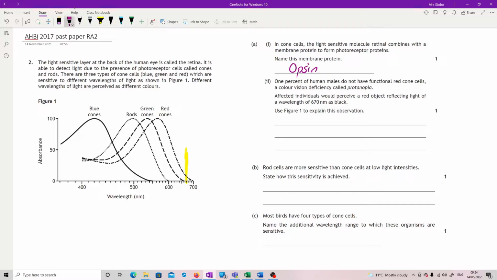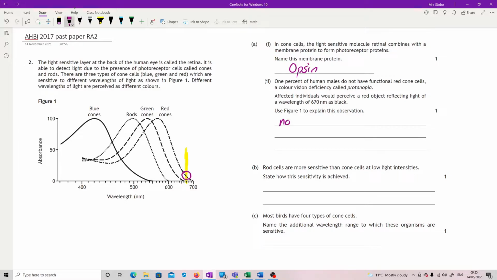So what you've got is, at 670, the only cells that would be responding to that wavelength of light are the red cone cells, and they're non-functional. So you've got no response to any of that wavelength, okay?